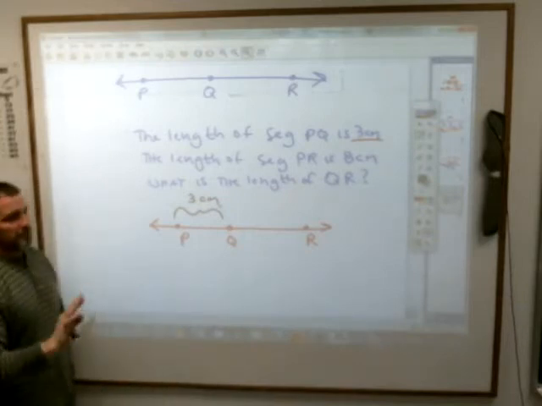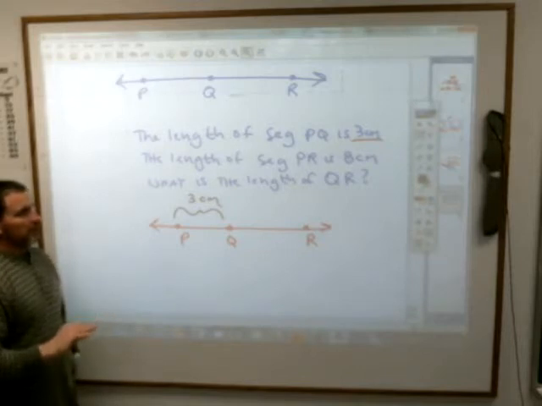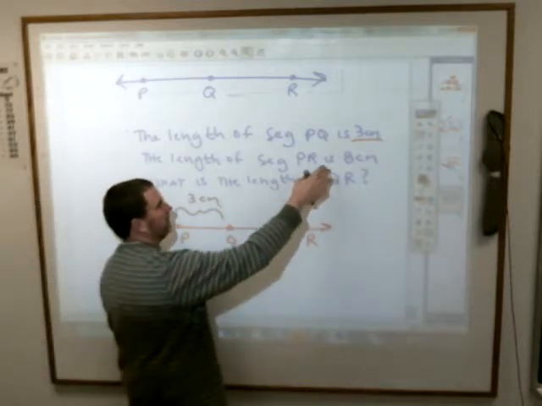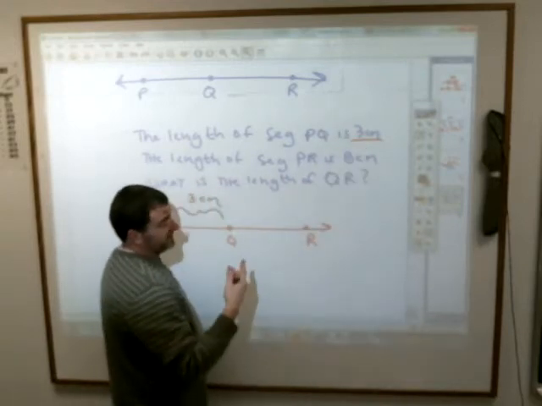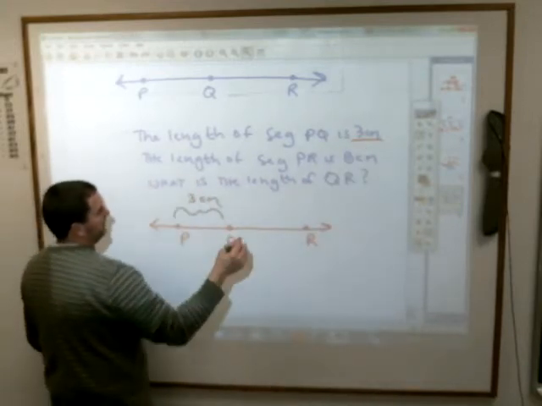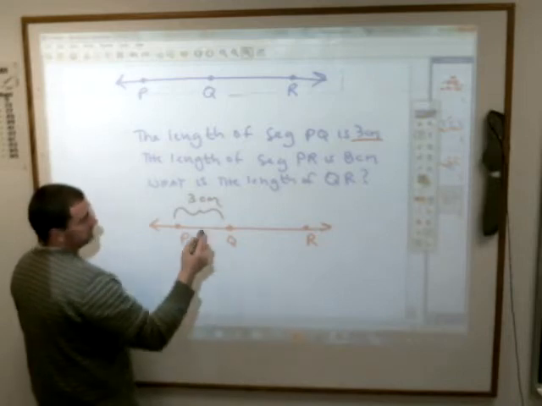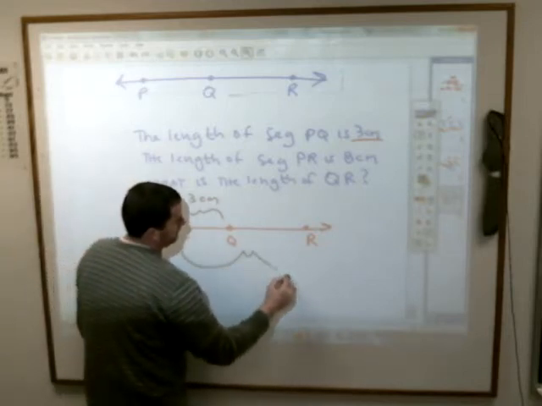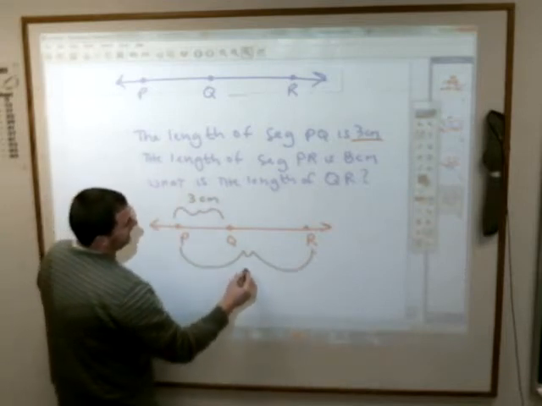Because what I found happens a lot is some people might say the answer is 5. They know that you do something with 8 and 3. You don't know to add or subtract it until you really look at it. We know that the length of PR is 8 centimeters.